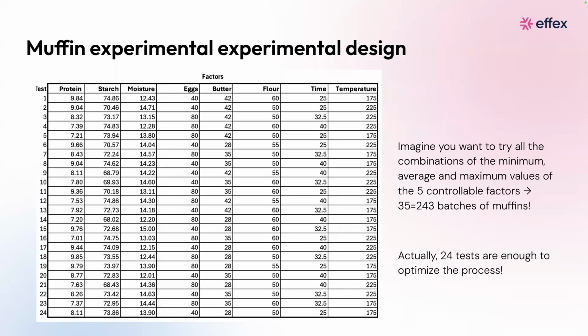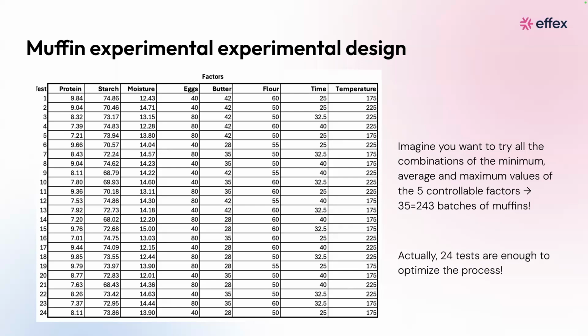If you imagine that you would like to try all combinations between minimum, average, and maximum values of the 5 controllable factors, you would have to do almost 250 batches of muffins. So this is what design of experiments does. It selects a smart combination of factor values to be tested so that you gather the maximum information.